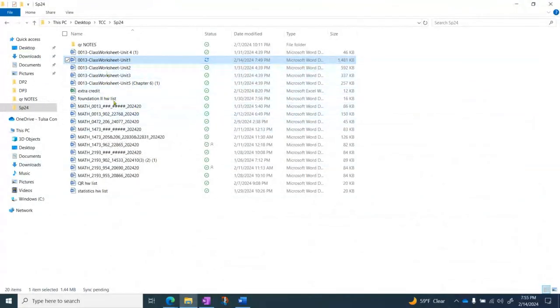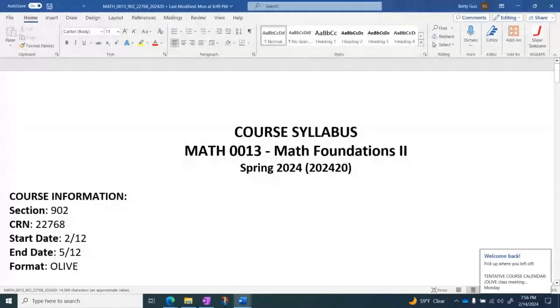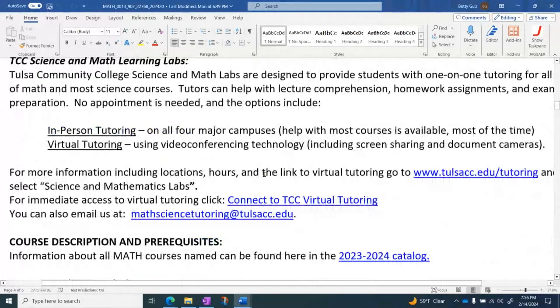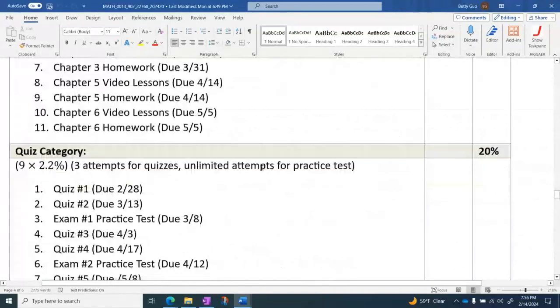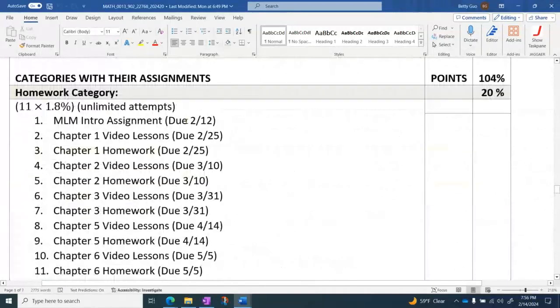But if you use the syllabus, it will break down what she recommends having done. Go to syllabus and all the way down. Look at here. Yeah, I have the recommended due date.